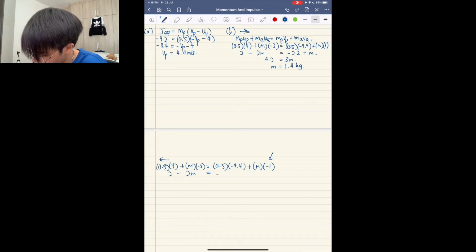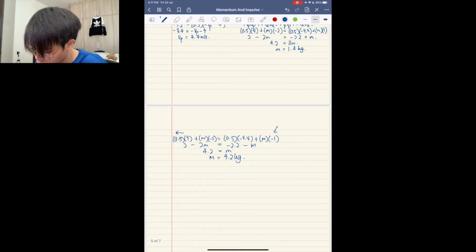If we evaluate it, minus m, and it becomes 4.2 equals m. So m is equal to 4.2 kilogram. The two possible values for m are 4.2 kilogram and 1.4 kilogram.